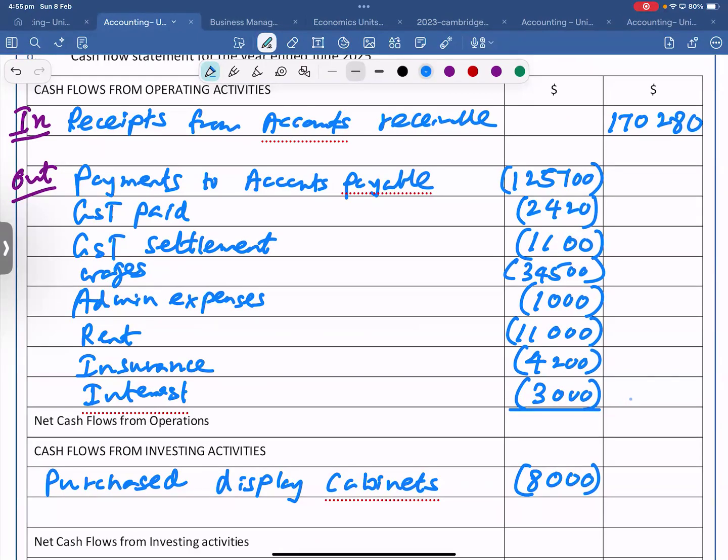So the total payments coming, guys, 182,920. And then net cash flows from operations, I'm getting 126,640.